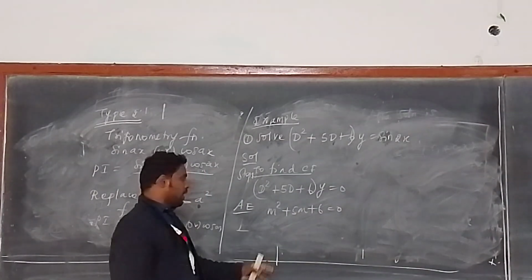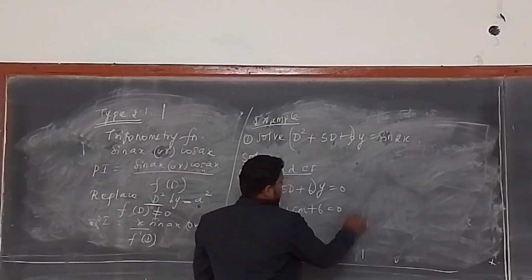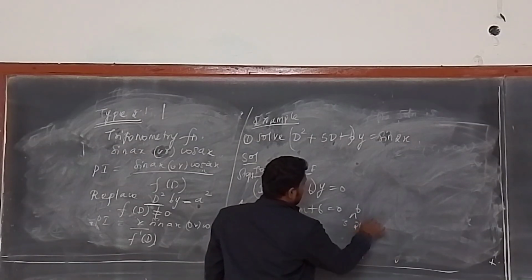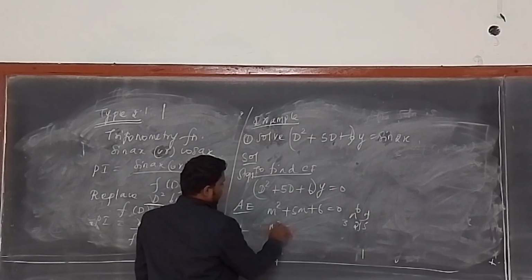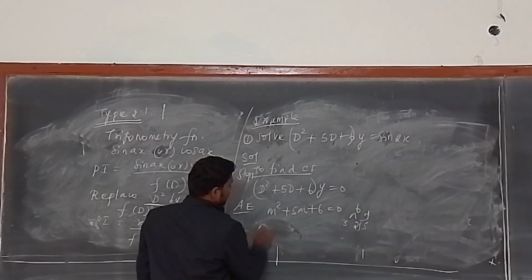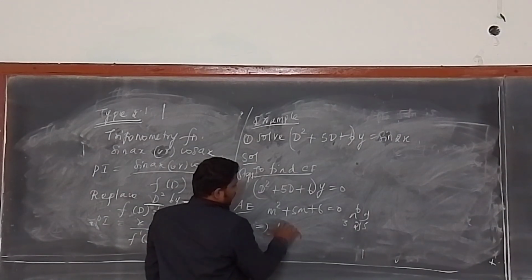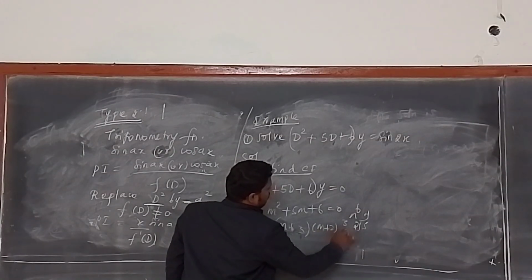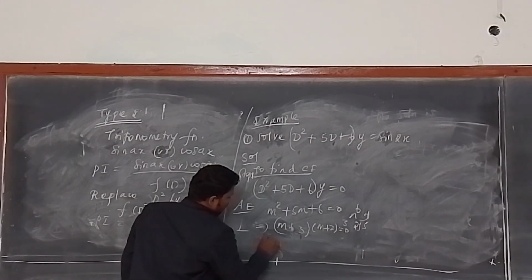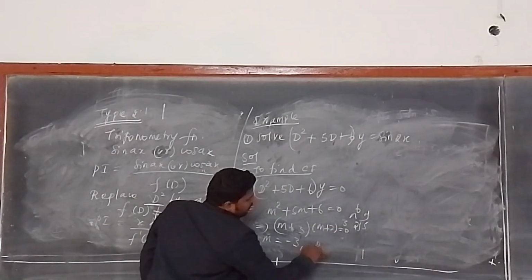To find the roots, we need two numbers that multiply to 6 and add to 5: 2 and 3. So m plus 3 into m plus 2 equals 0, giving m equal to minus 3 and minus 2.